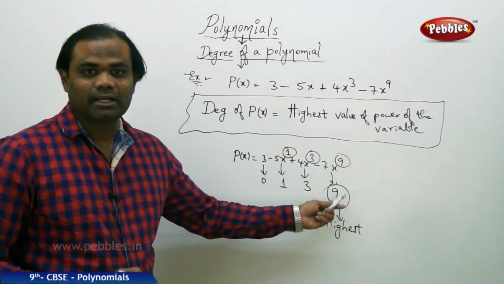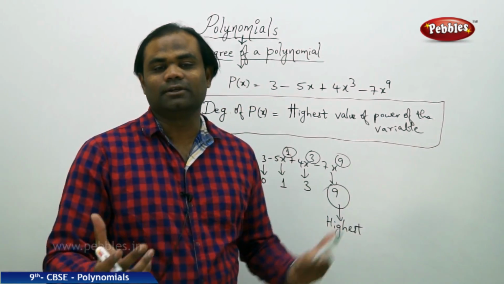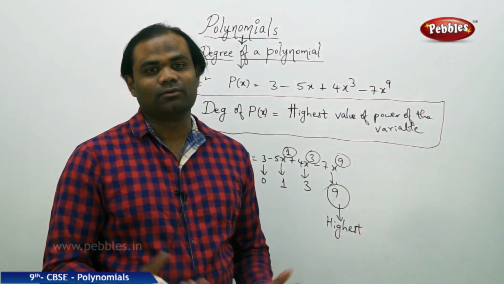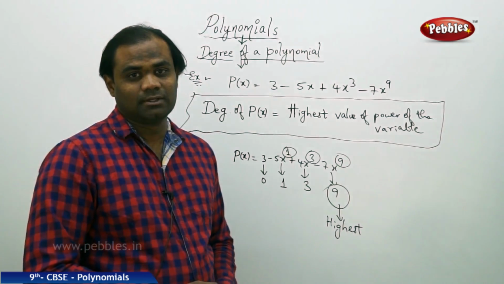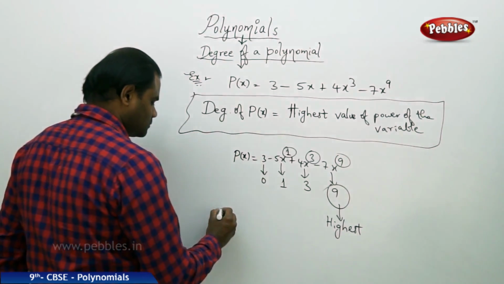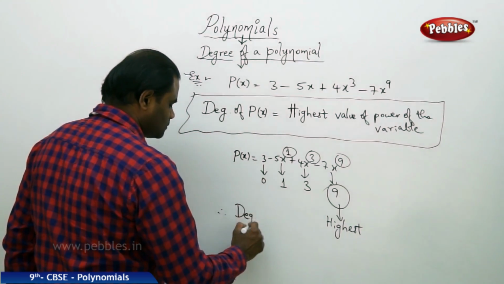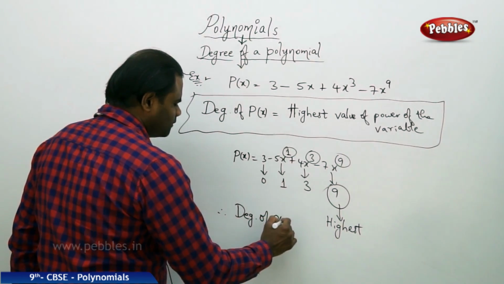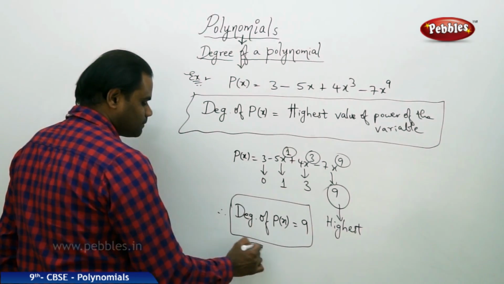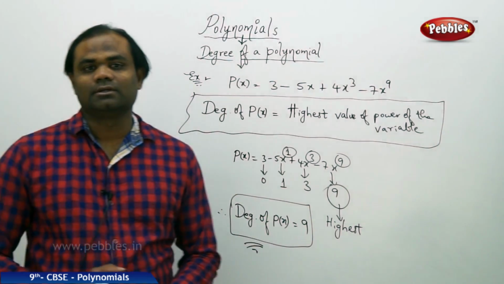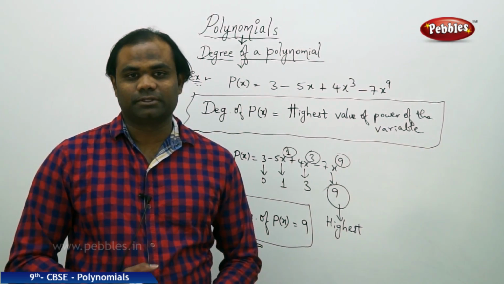This is the highest, and hence this is the degree of the given polynomial, is how we understand the degree of the polynomial p of x. Therefore, the degree of the given polynomial p of x is 9, is how we understand in the most simple language.